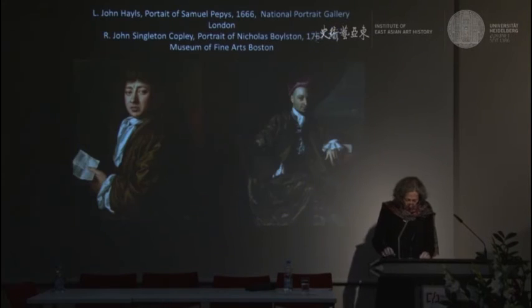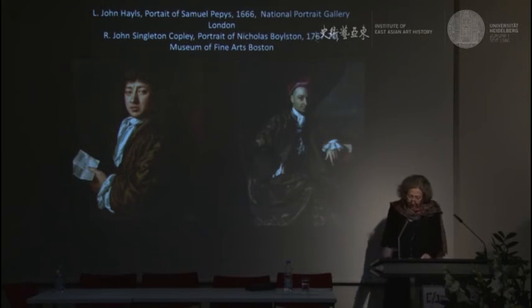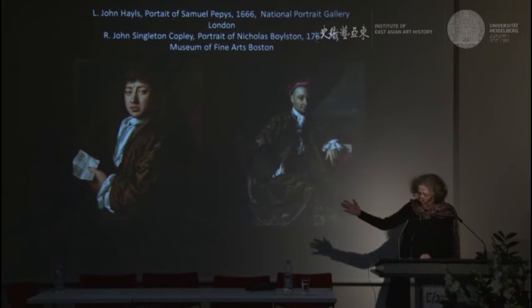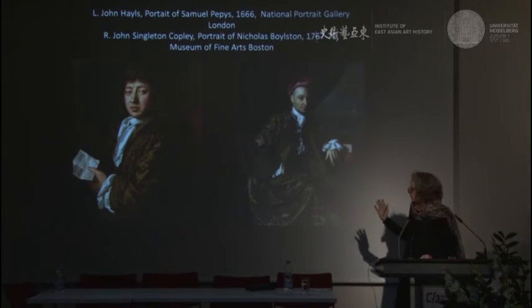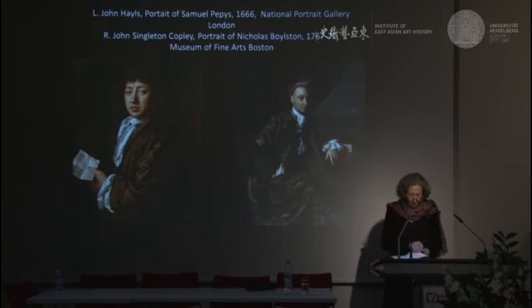The number of men who chose to have their portraits painted in this style of garment speaks to its role in conveying its wearer's fashionable cosmopolitanism. Pepys, for example, donned such a padded silk gown to have his portrait painted, and so did Bostonian Nicholas Boylston when Copley portrayed him. And this garment was so valuable that he lists it in his inventory when he died and specified where it was to go.